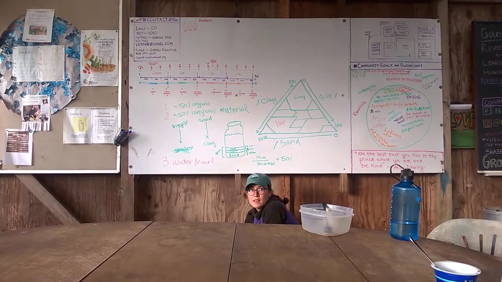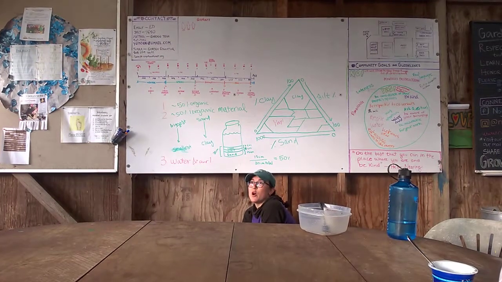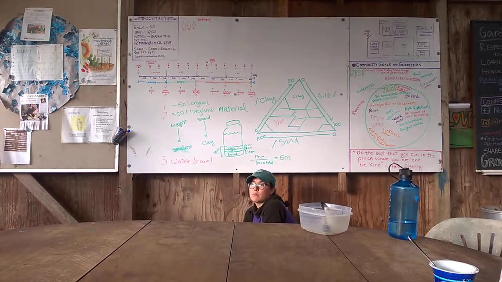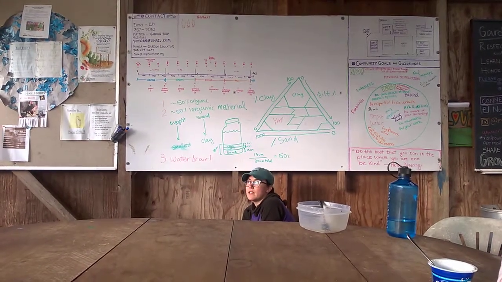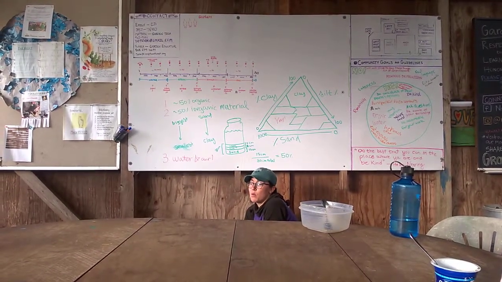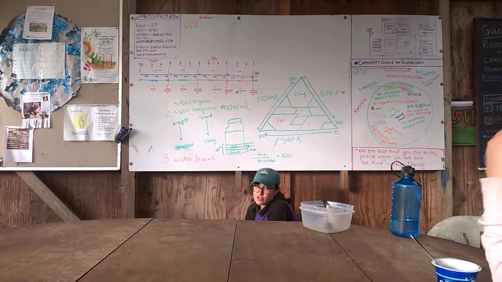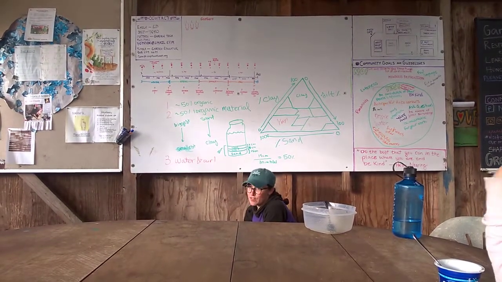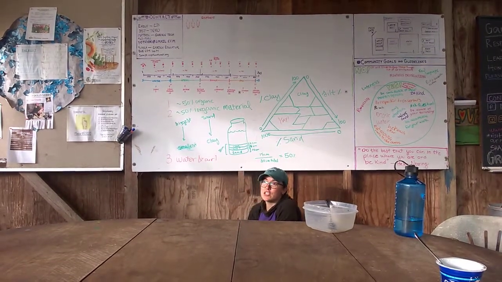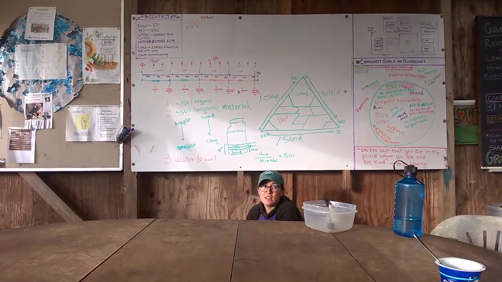Another thing is that if you over compost your crops and they have too much nitrogen, they'll say, oh my gosh, so much nitrogen, I'm going to have so much chlorophyll. They put all of their energy into photosynthesizing and none of it into fruiting.